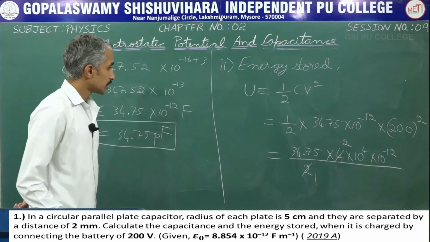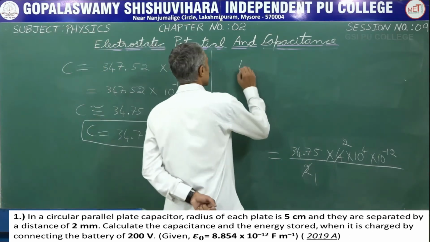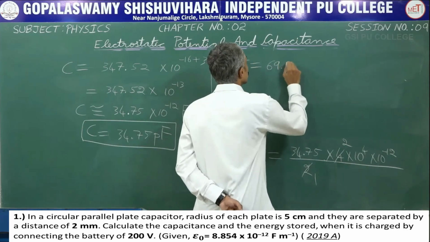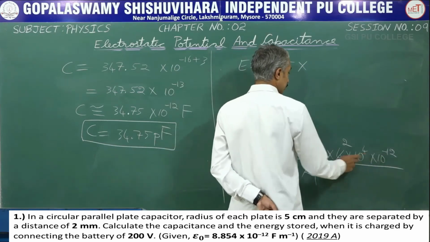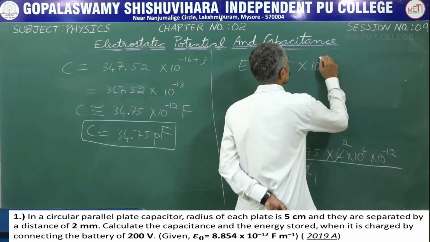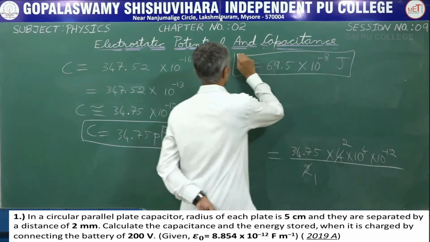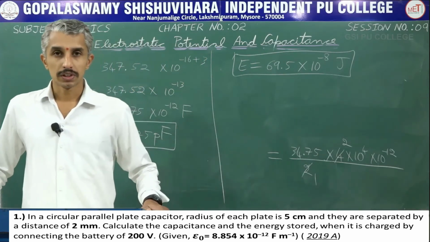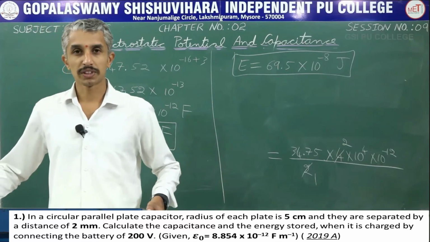So what is the final value? On simplifying this, I will finally get this as 69.5 into 10 to the power of minus 12 plus 4, so minus 8 joules. We have finally solved the first numerical. Let us look at the second numerical.